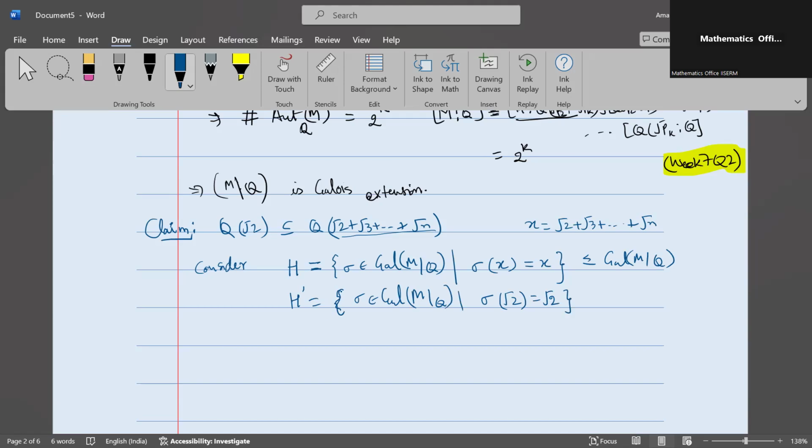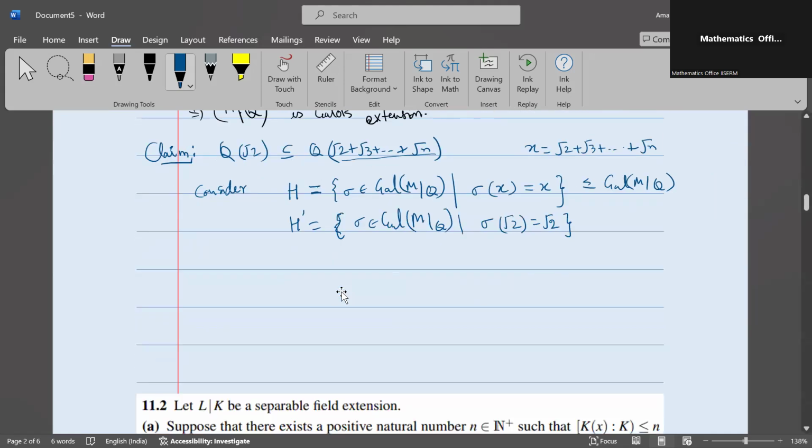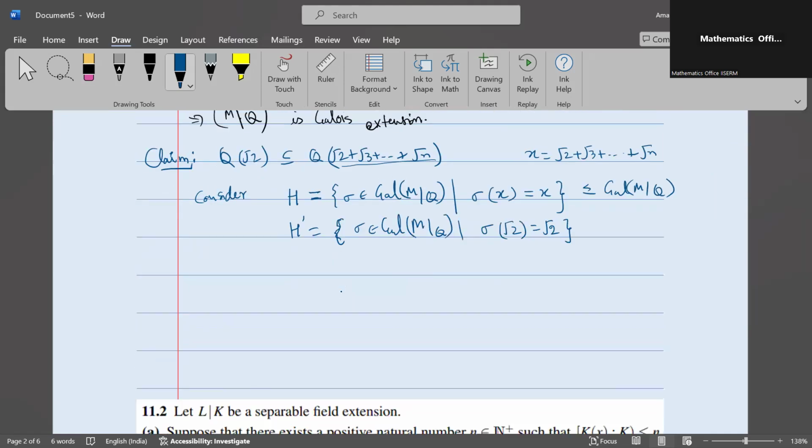And now we will see what is the relation between H and H prime, and then we'll use Galois correspondence.